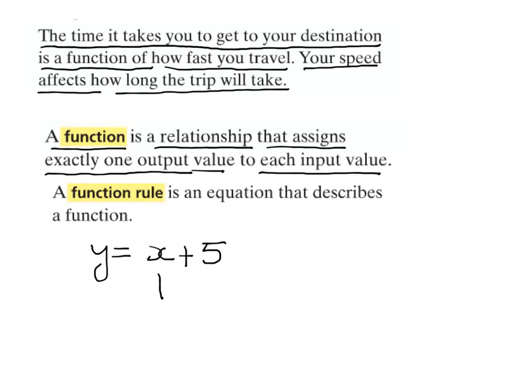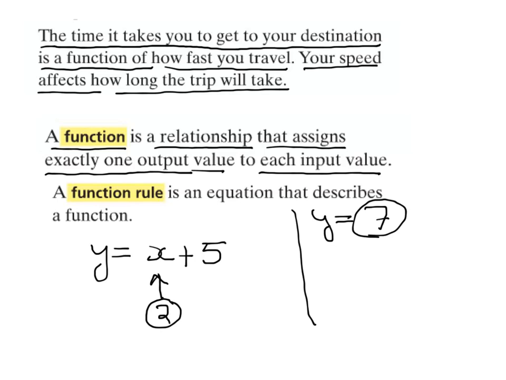If I give the value of x, say 2, what will be the output of this? y will be equal to 2 plus 5, 7. And y will only have the value 7. So for each input, you get exactly one output. So is this a function now? Yes. So a function is a relationship that assigns exactly one output value to each input value.